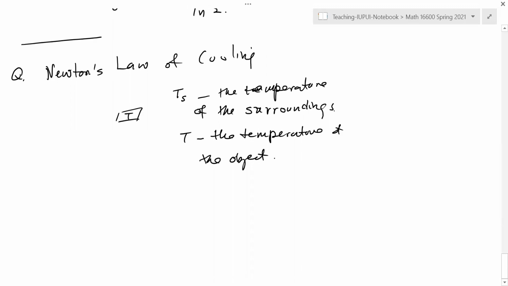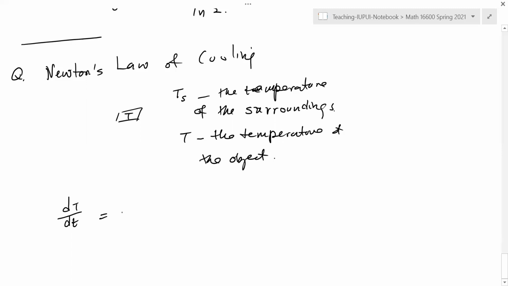Okay. So Newton found out that the rate of change of the temperature is not necessarily decreasing; sometimes it's increasing. If you take the object from the refrigerator, the temperature will be increasing. But if you put a very hot object in the room on the table, it will be cooling down, so that will be decreasing.